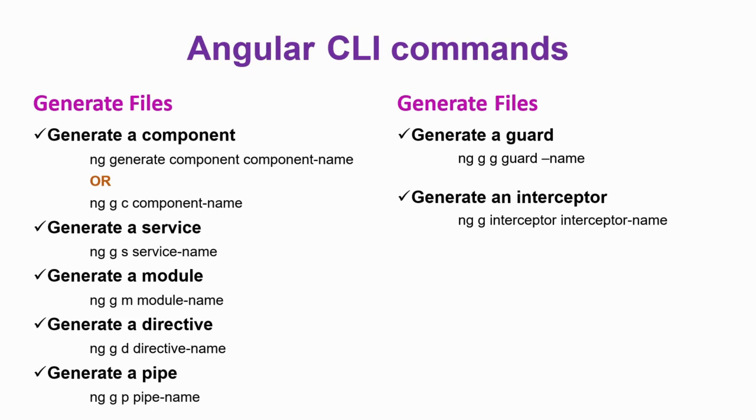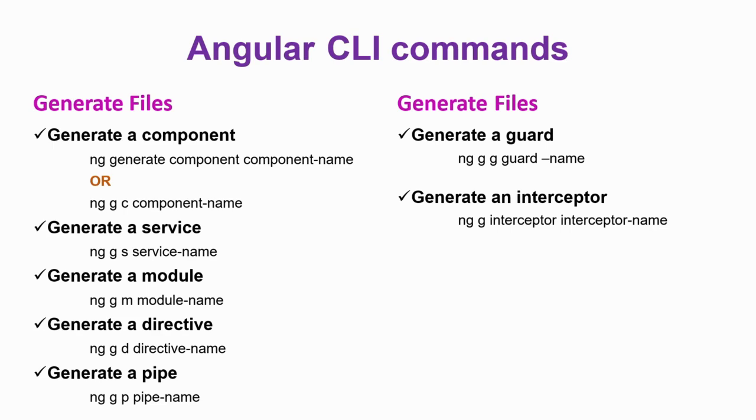Generate a directive. Now you want to generate a directive for your application, at that time you can execute ng g d for directive and the directive name. Generate a pipe. Suppose you want to create a custom pipe, at that time you can execute a command like ng g p and your pipe name.